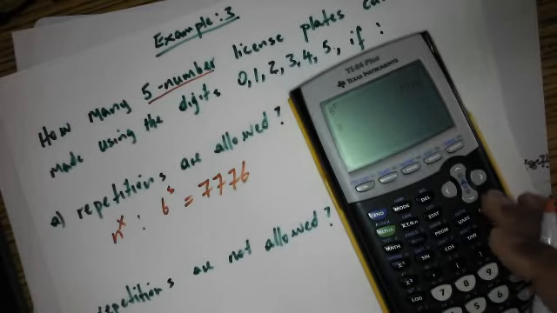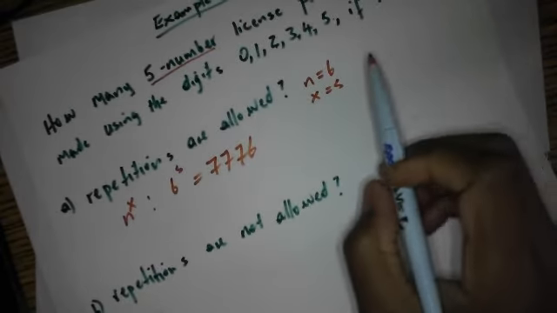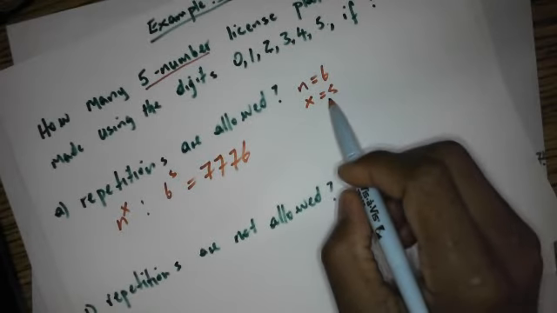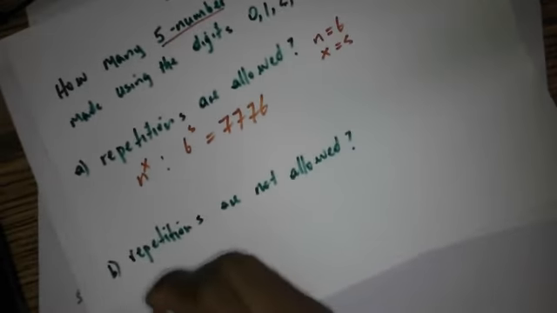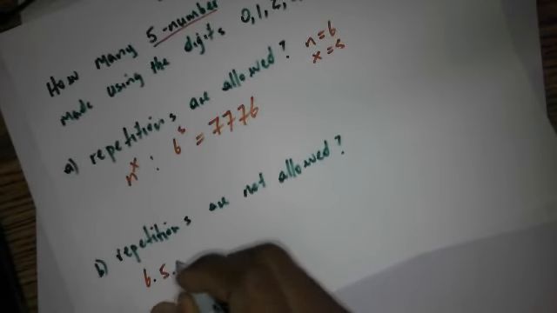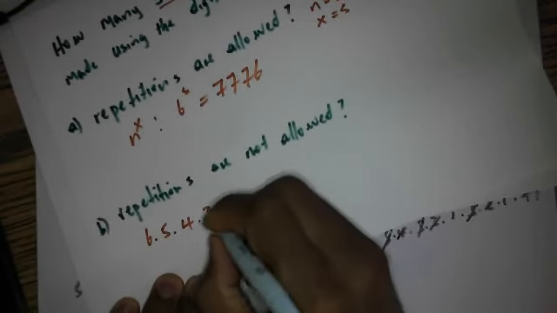Okay, now if repetitions are not allowed and you have 6 digits overall and you're choosing 5 from it, if there are 6, then it would be the total number, which is 6, and if you take 1 from that 6, 5 is remaining. If you take 1 from that 5, 4 is remaining. If you take 1 from that 4, 3 is remaining.